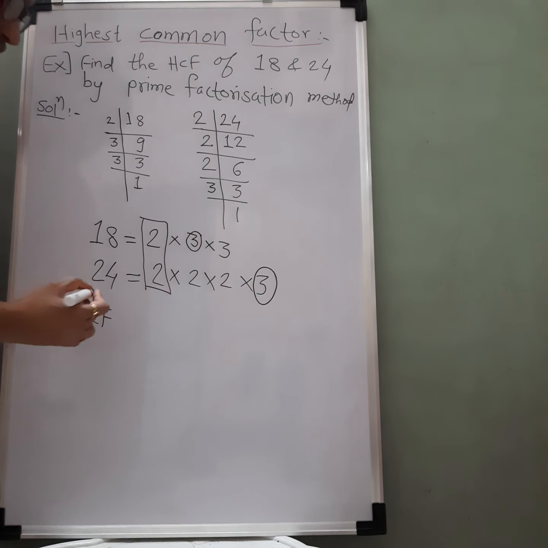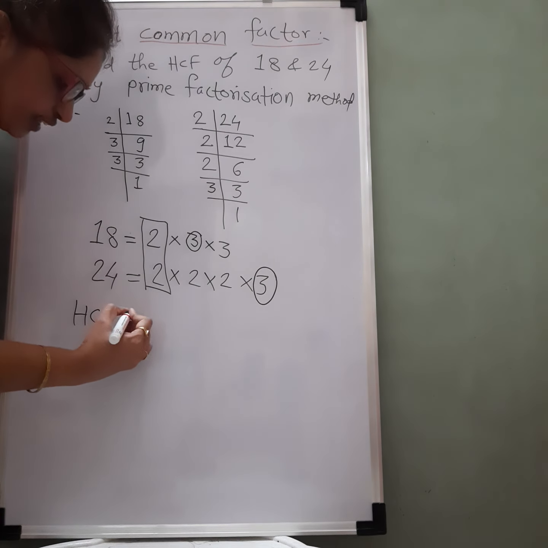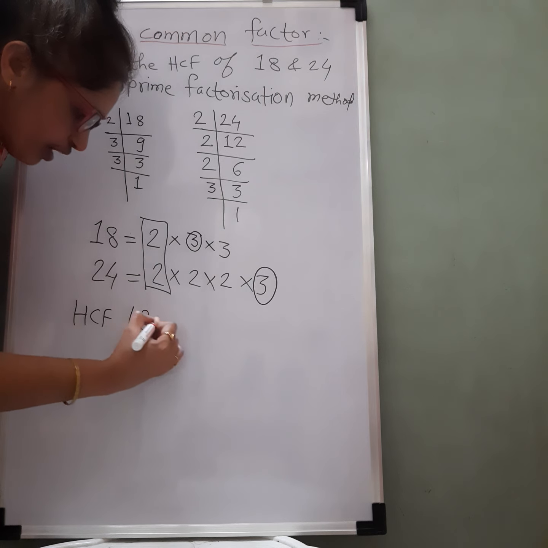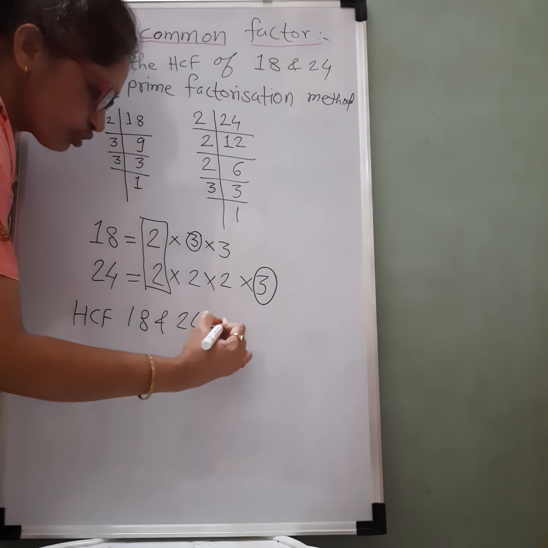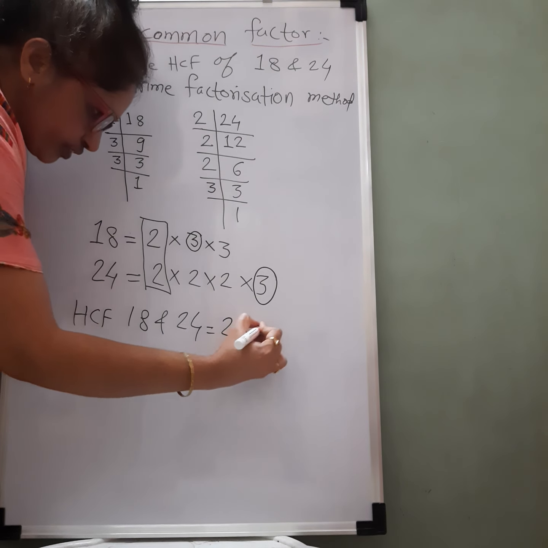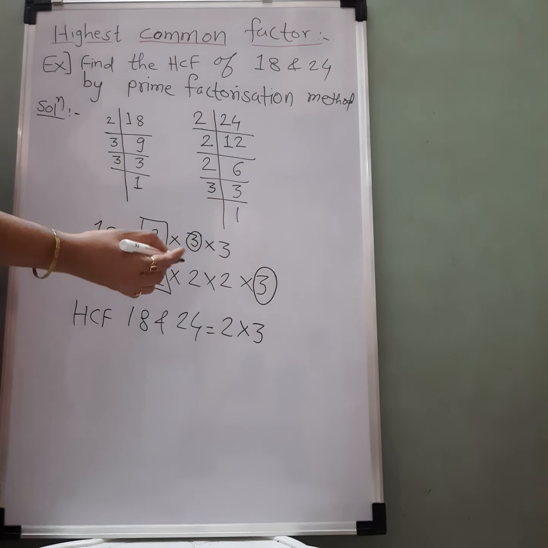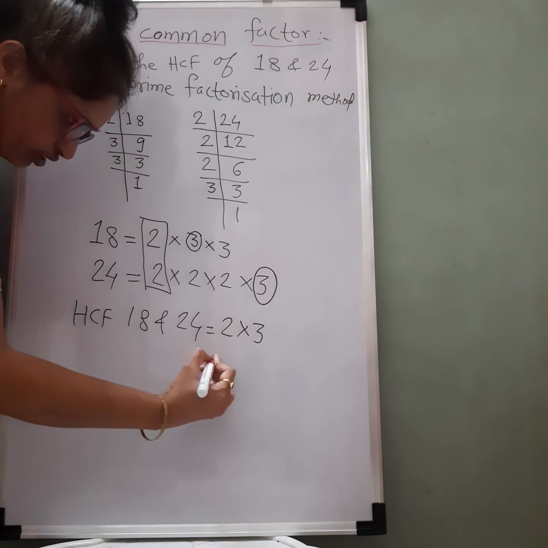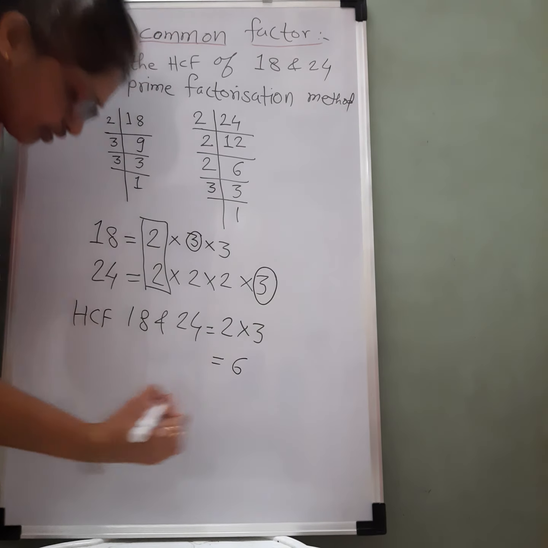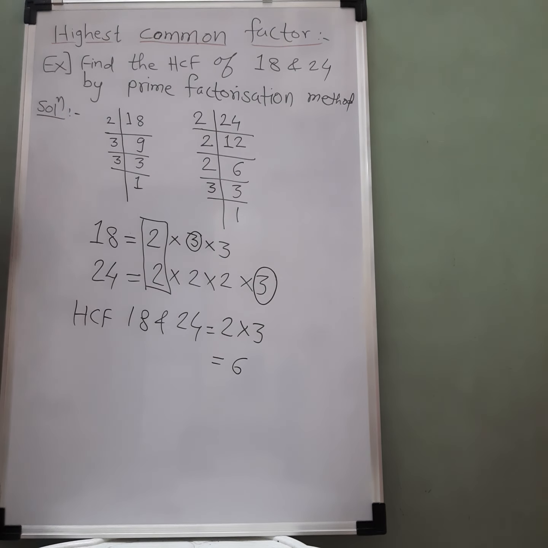Therefore, we can find the HCF of 18 and 24 as 2 multiplied by 3, since 2 and 3 are the common factors of 18 and 24. So 2 threes are 6. The HCF of 18 and 24 is 6.